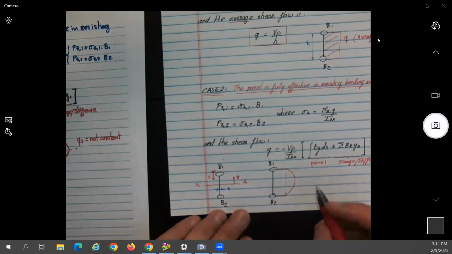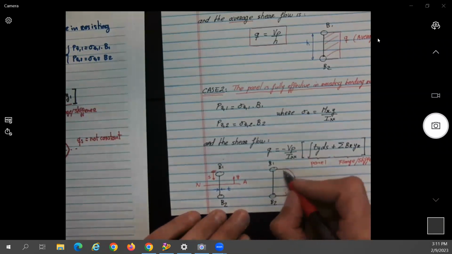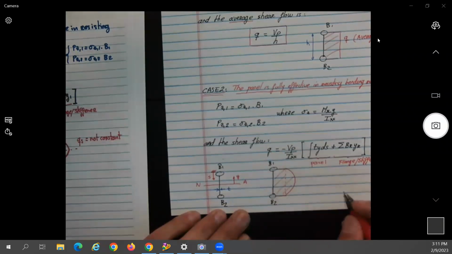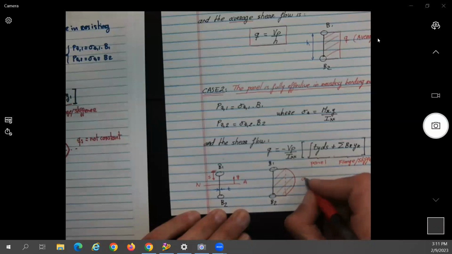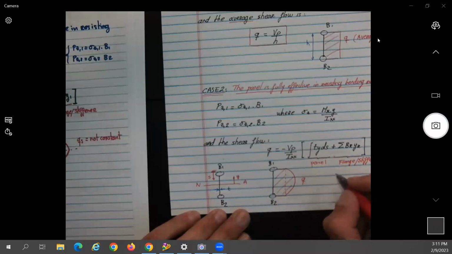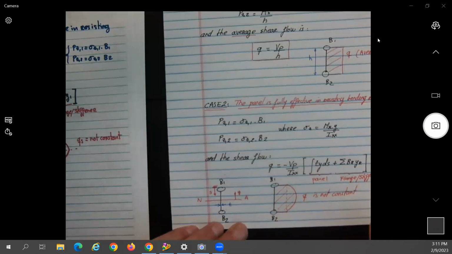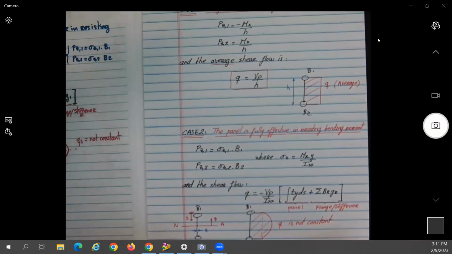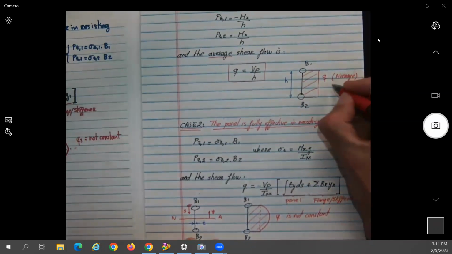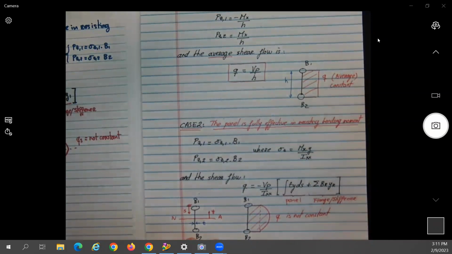Okay, so it will be here. You see in this case that Q is not constant. So on the previous case, maybe you can put here Q average, just put here constant, okay, to make the difference.